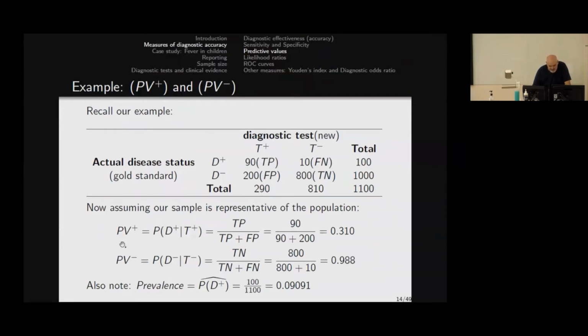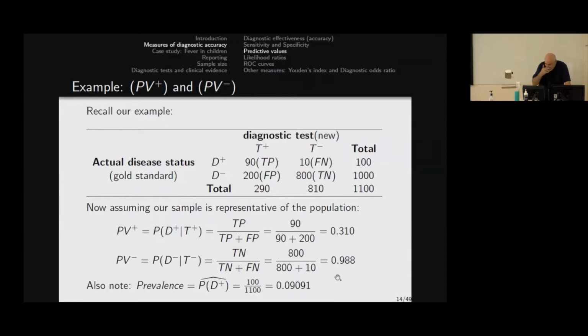So our positive predictive value was about 31%. Okay, that looks not very good. It doesn't look very good at all. Okay, the negative predictive value is of the people that tested negative, how many people were true negative. So it's 800 over 810, which looks really good.